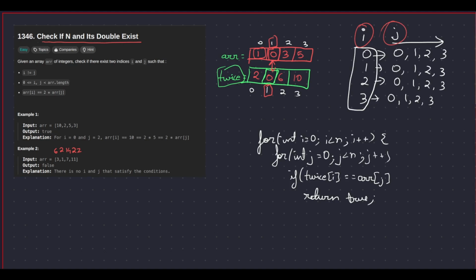So the modification will be something like i not equal to j. In that case we will just skip, right? So this is the slight modification I was talking about. And otherwise, what we can do is return false, right? So let's quickly code this up and see what the result is.